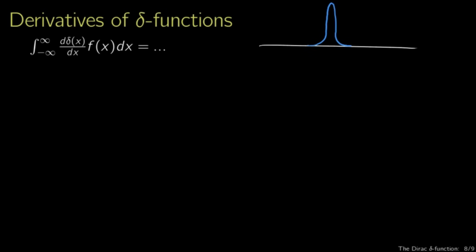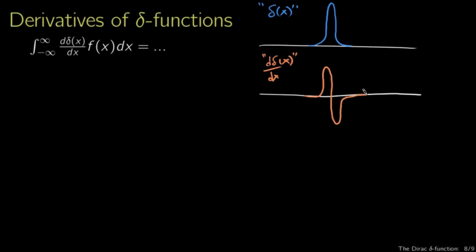So the derivative that I'm going to be working with, if this is delta of x, and I'll put that in quotes because the delta function is of course the limit where it's infinitely narrow and I can no longer meaningfully draw it, the derivative, delta prime of x, or let's write it as d delta dx, that's a function of x, is going to be positive, negative, and back to 0.